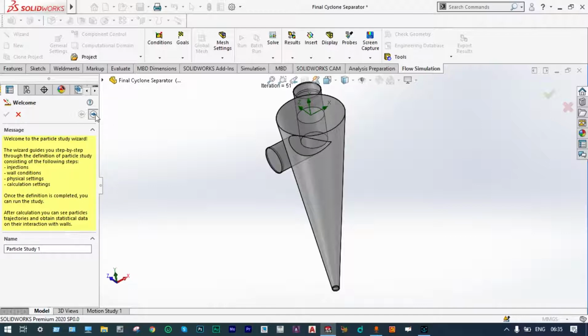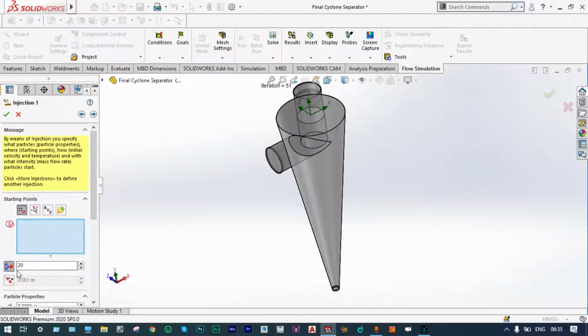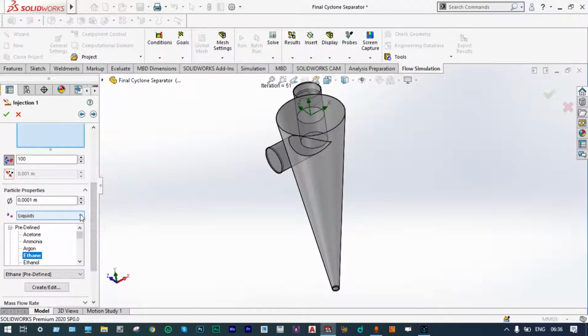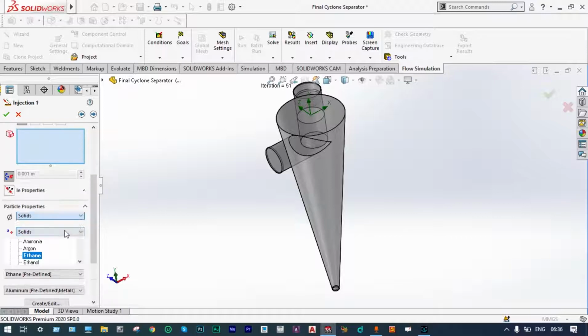Next, instead of 20 numbers of particles, we'll keep this one as 100 numbers to have a better representation of these flow particles. Instead of liquids, you can select this one as solids, and the diameter of these flow particles is 0.0001. We can vary these things.